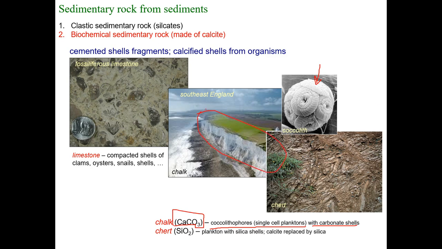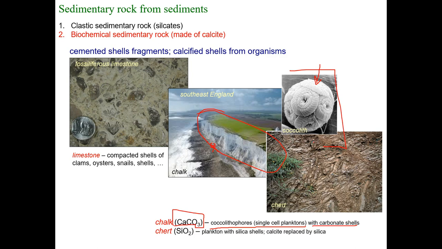So the White Cliffs of Dover, amazingly, are hundreds of feet of solid rock. If you were to stand at the base and look up, you just see these hundreds of feet of rock. It's all just the bodies of trillions upon trillions of these little coccolithophores. It's just amazing.